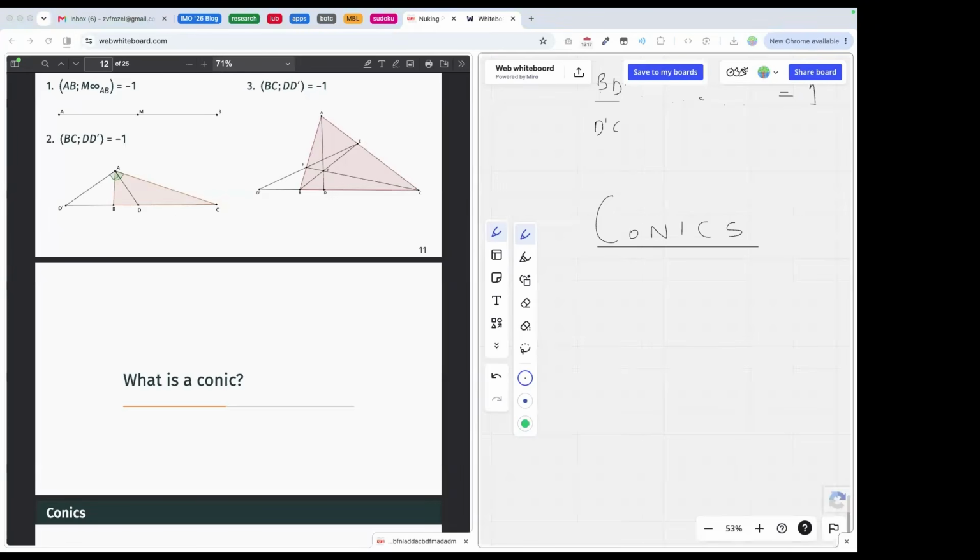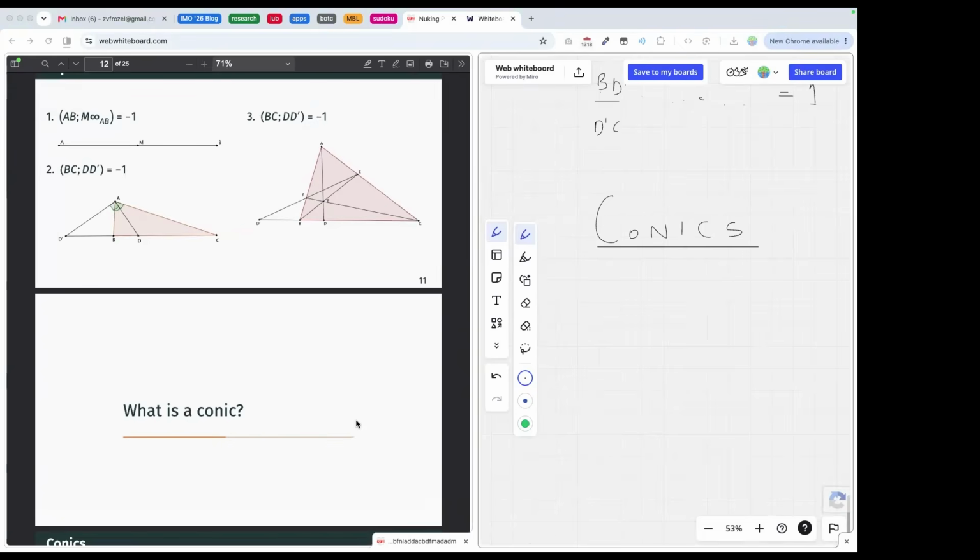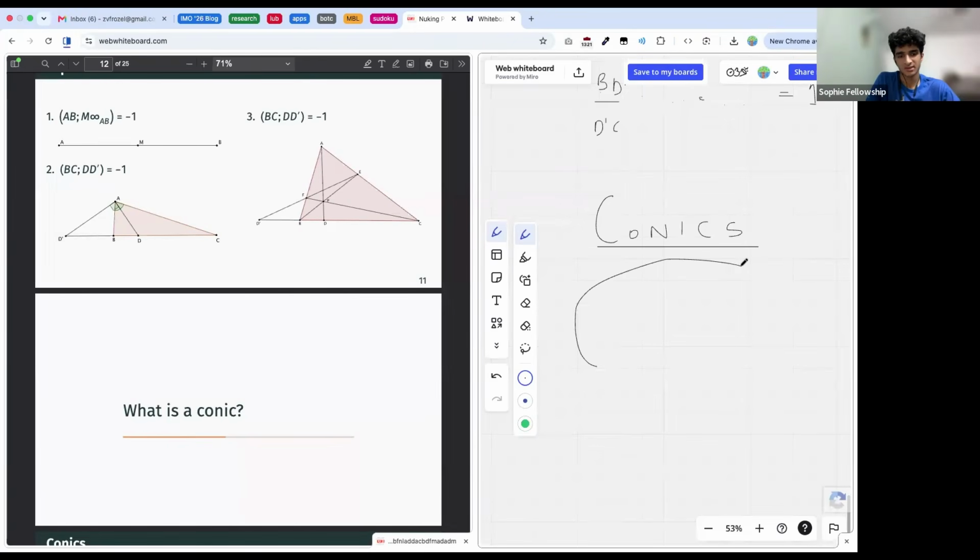The locus of the point such that the ratio of distance from the point... Okay, so this is like you take a focus and you take a directrix, and it's the set of points such that the distance from X to P divided by the distance from X to L is equal to E.